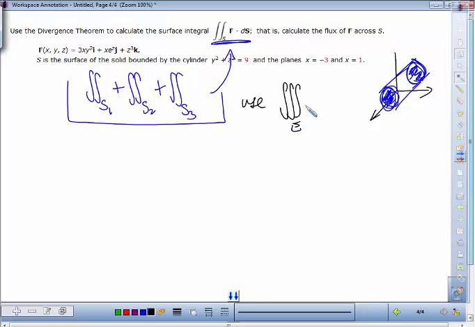where we describe the solid, which is a nice simple cylinder, and integrate the div of F dV. Since this is happening on the YZ plane, we'll probably use y and z for our variables. But first we have to look at the div, so let's figure that out.